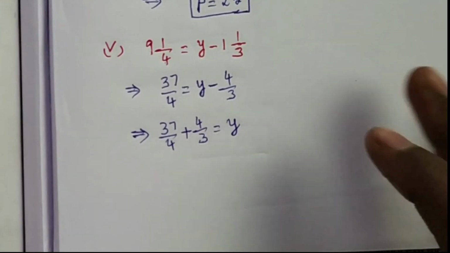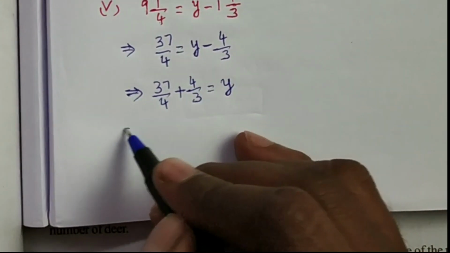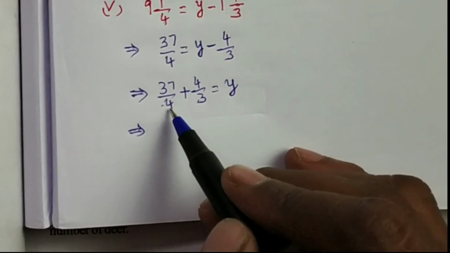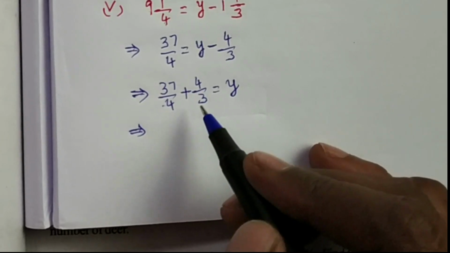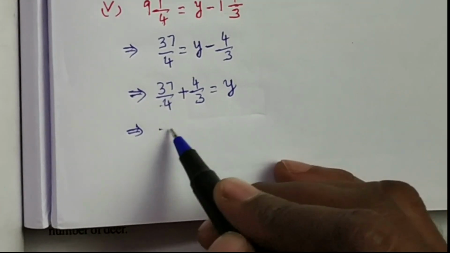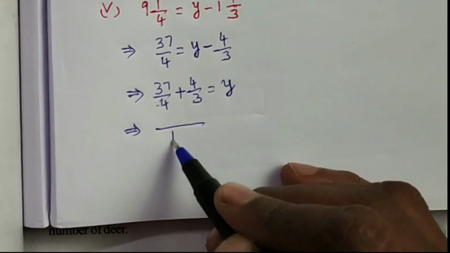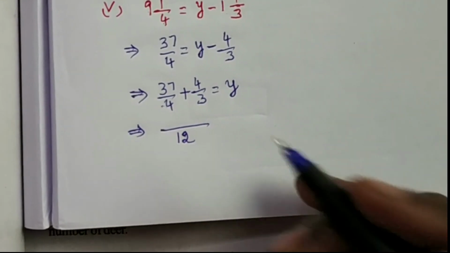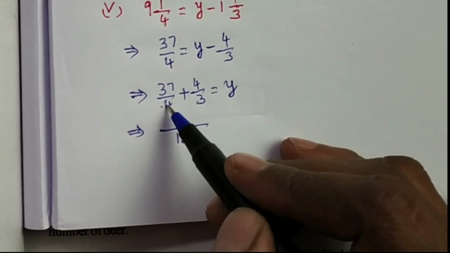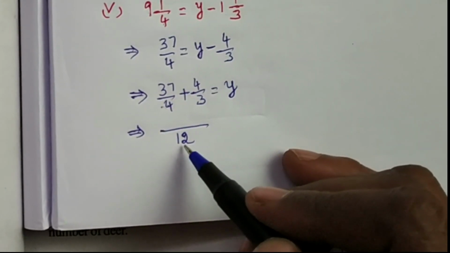Now do the LCM. 4 and 3 are co-primes. So the LCM of co-primes is its product. So the product of 4 and 3 is 12. LCM is 12. In the first fraction, the denominator is 4. 4 in 12, 3 times will cancel.